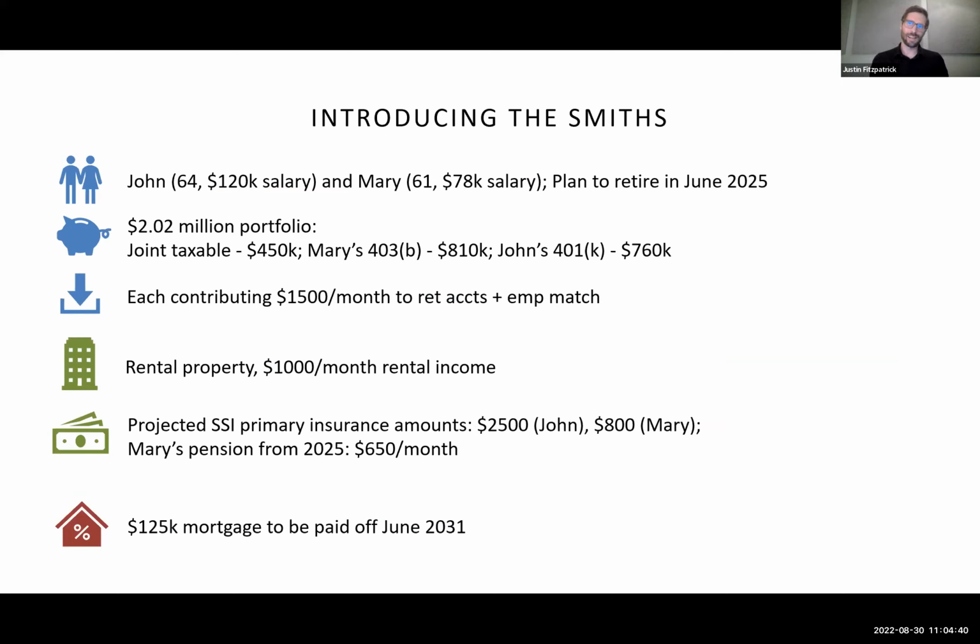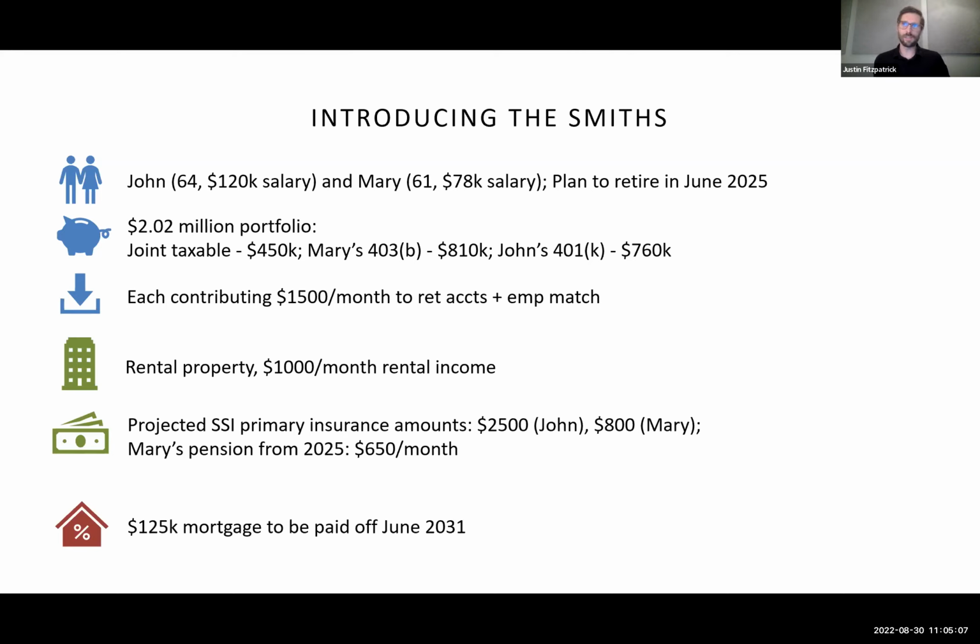The persona that we're dealing with here are some folks in their early 60s, planning to retire relatively soon, so 3 years out. But as you'll see, we'll explore some other options. Maybe they can retire right now and so on. They've built up a portfolio of a little over $2 million, split into a taxable account, a 403b, and a 401k.